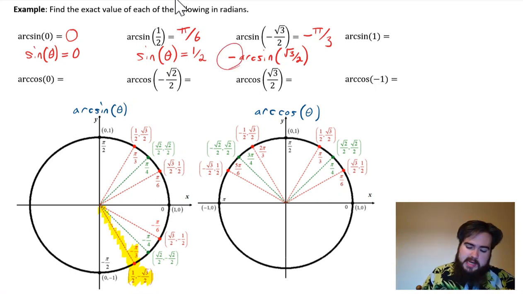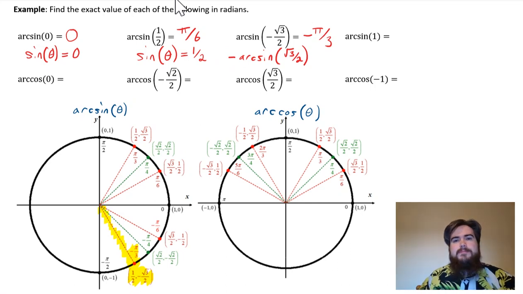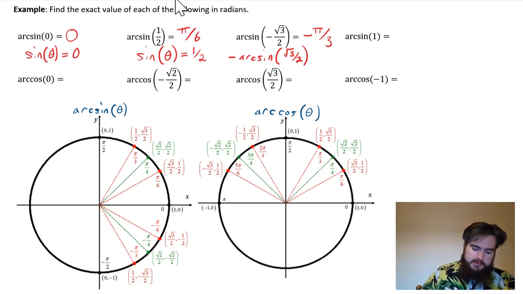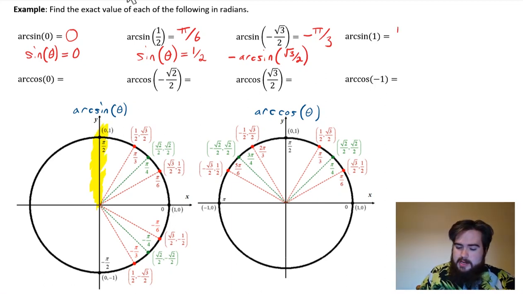You could do that for arc sine because it is odd. Lastly, we have arc sine of 1. The only place that happens between negative pi halves and pi halves is at pi halves itself. So, sine would equal 1 here at pi halves. My answer for that is just pi over 2.